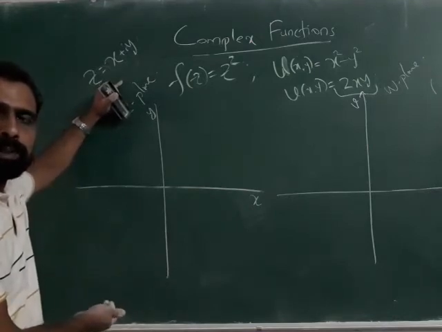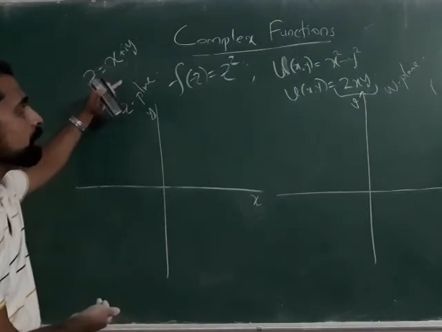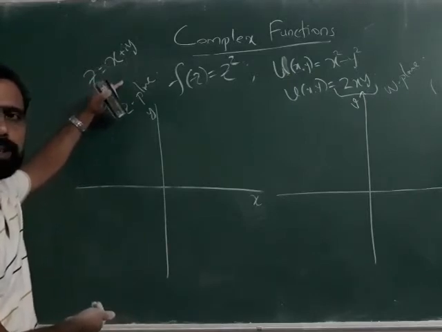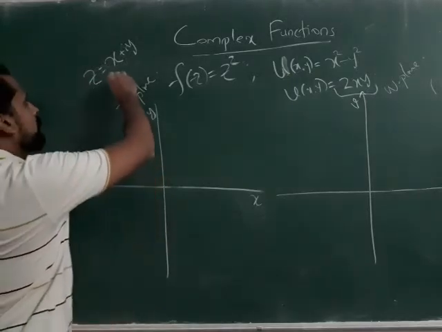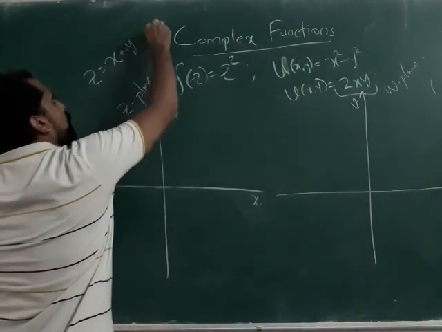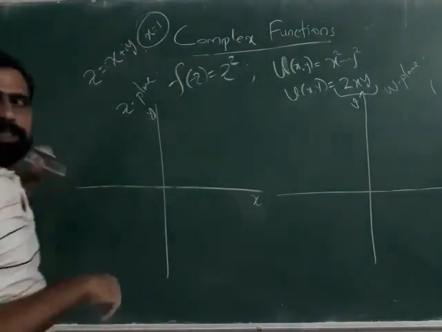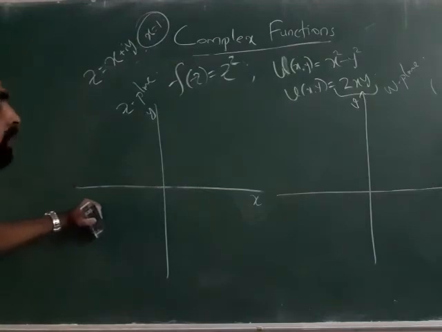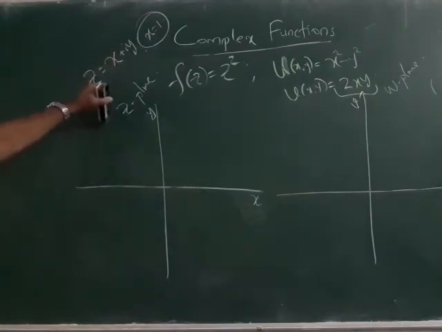What I am going to do is make x a constant. That means I am taking x equal to 1. So if I take x equal to 1, then z becomes 1 plus iy.